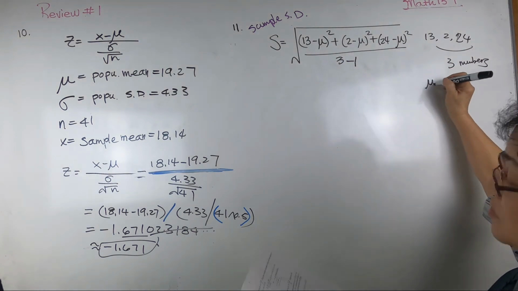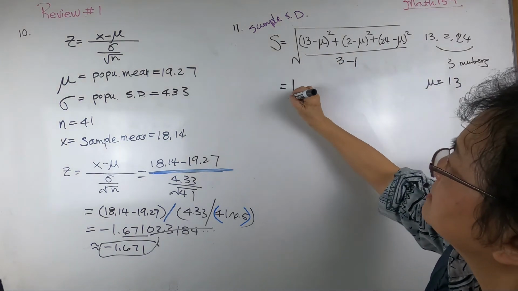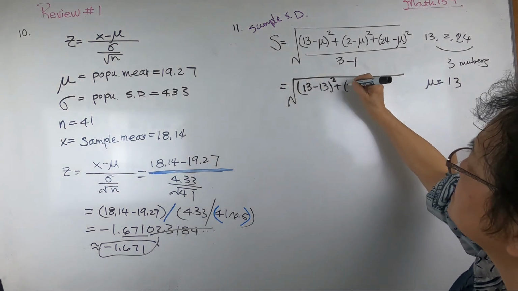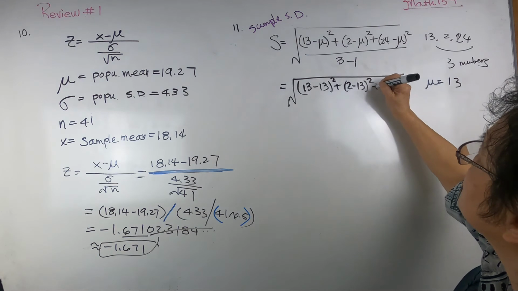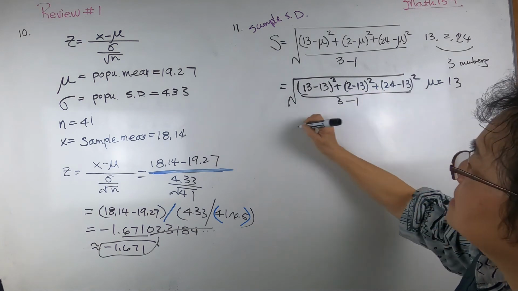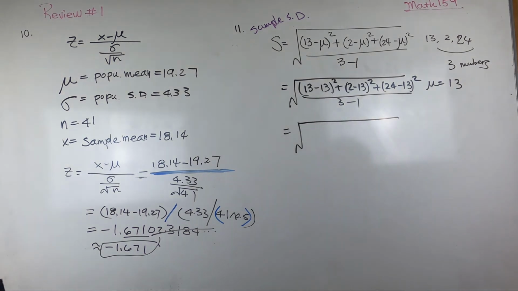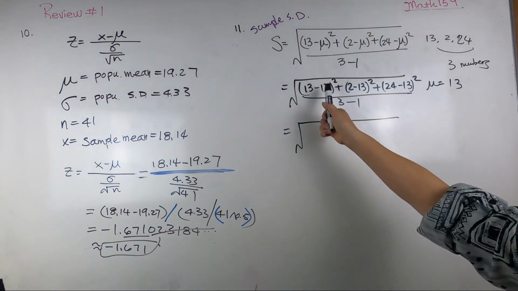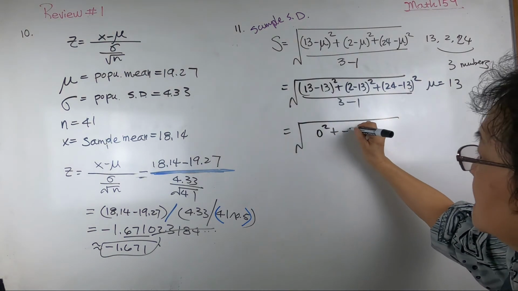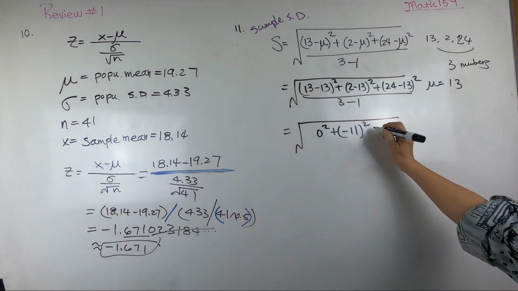Then it says mu is 13, so you plug in mu with 13. So you do 13 minus 13 squared plus 2 minus 13 squared plus 24 minus 13 squared, over 3 minus 1. You do it individually and follow the order of operations. That's 0 squared. Plus 2 minus 13, which is negative 11 squared. Remember your parentheses, because the whole thing takes a square.